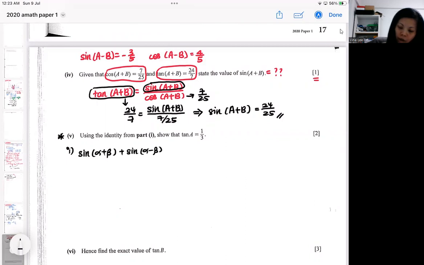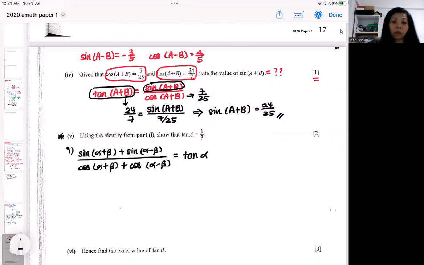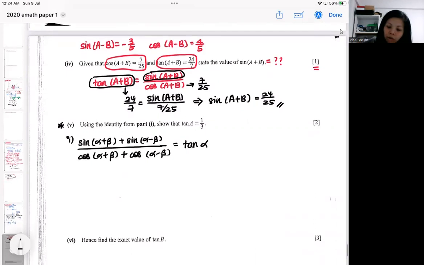And then you see, how can you find tangent A? So this is what we have from part 1. Part 1 is an identity, meaning it's actually a formula. So whether you prove it or not, it will remain a formula. So in part 1, we got this formula.